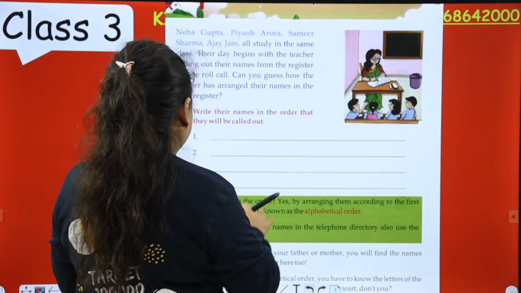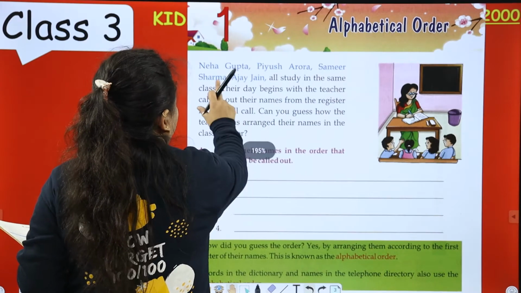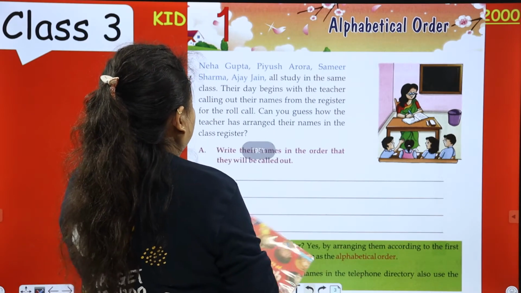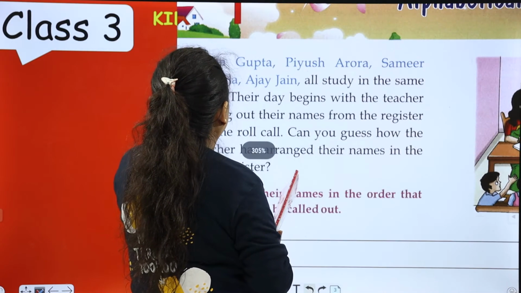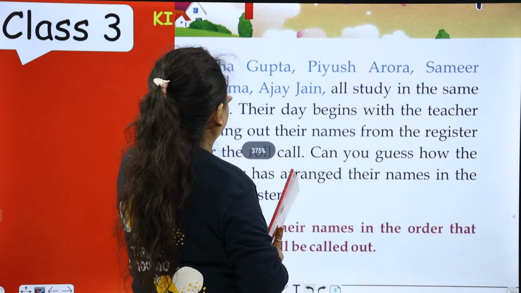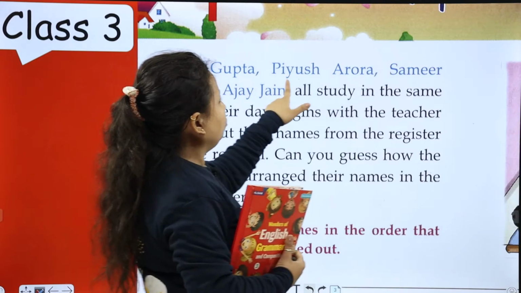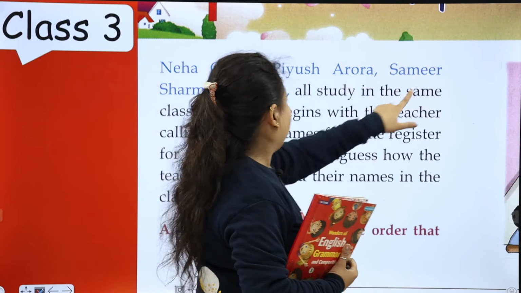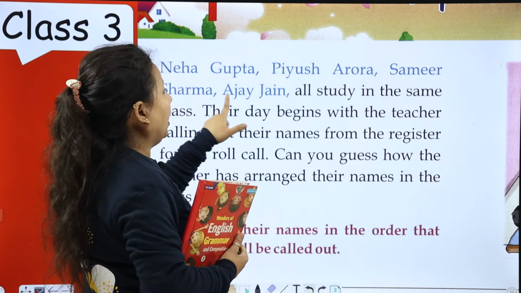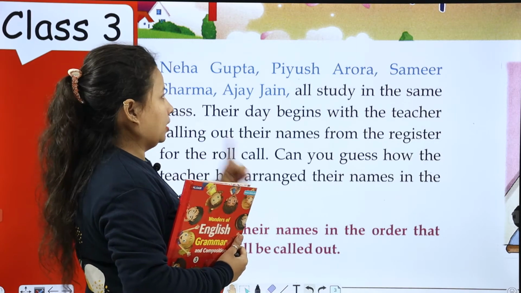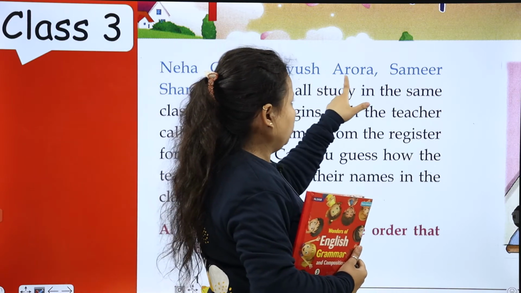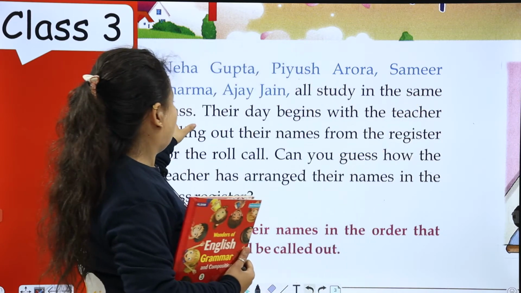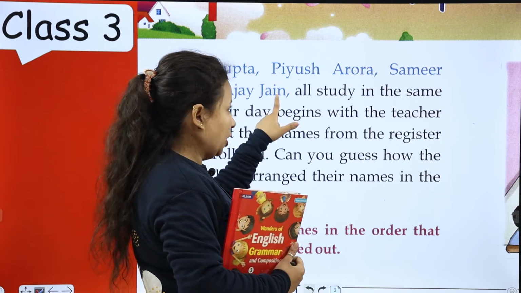So now let's have a look. Neha Gupta, the name is starting from N. Piyush Arora, Sameer Sharma and Ajay Jain. Again: Neha Gupta, Piyush Arora, Sameer Sharma, Ajay Jain.